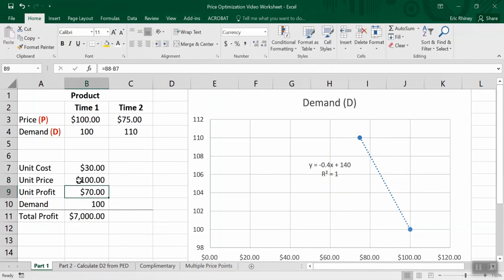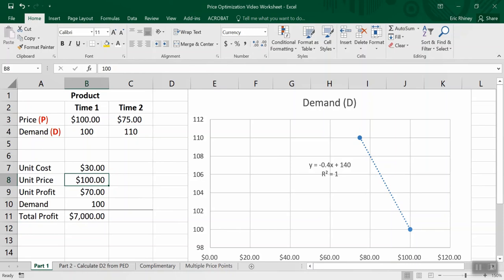It does. As I said before, price at $100 minus $30 gives us profit of $70 times 100, the demand at the $100 price point, gives us a total profit of $7,000.